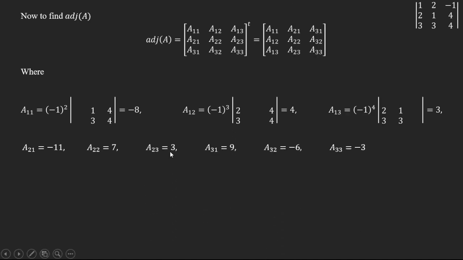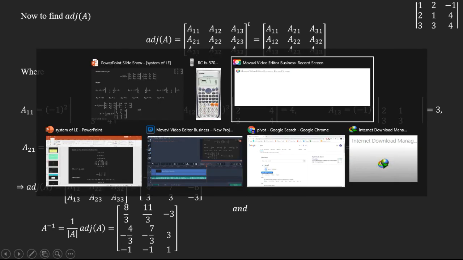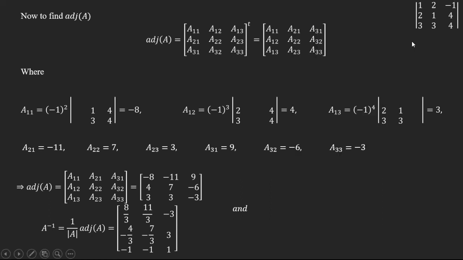Let us compare it with our adjoint of A. Look here, -8 is the first entry, then -11. So by using the calculator we can find the adjoint of A, the inverse, or the solution of the system of linear equations very easily.